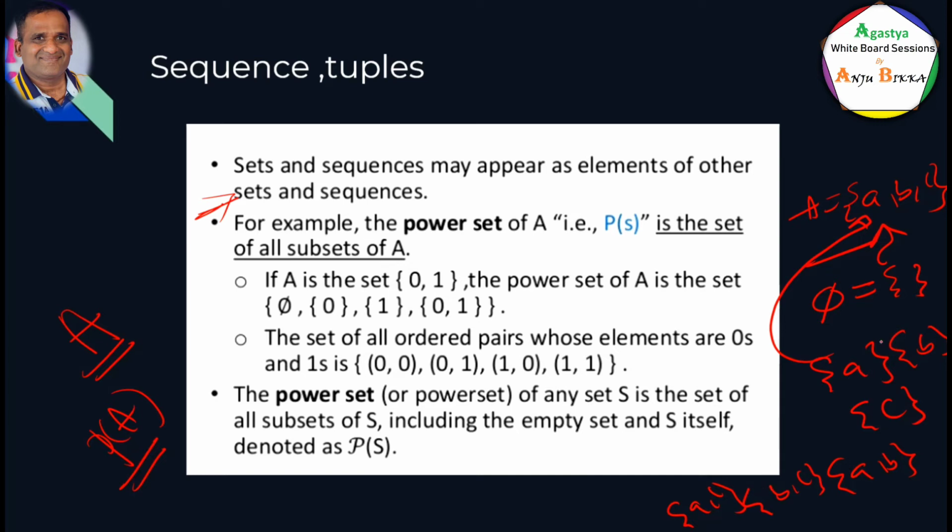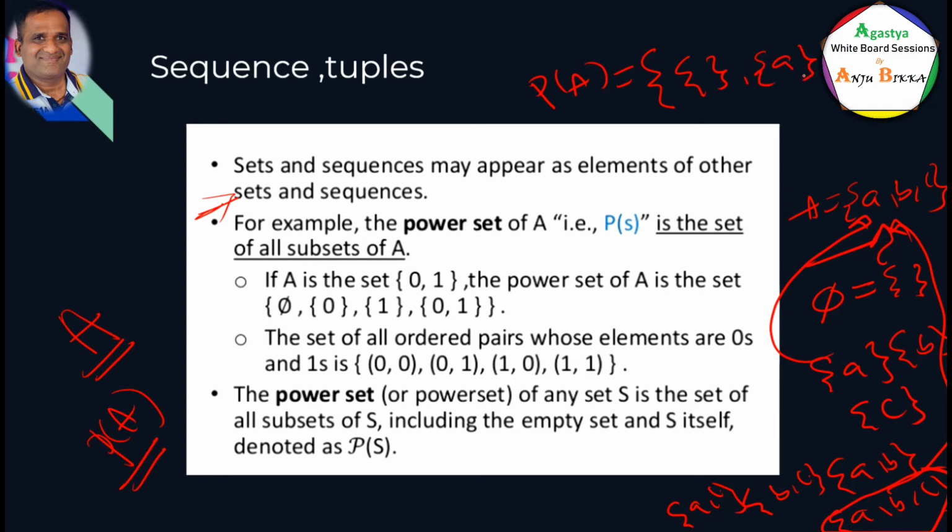So each of these is a subset of A. Again {A, B, C} is also a subset of A, but this is not a proper subset; the remaining are proper subsets. So when you write any set, P(A) is nothing but all the subsets including the empty set.